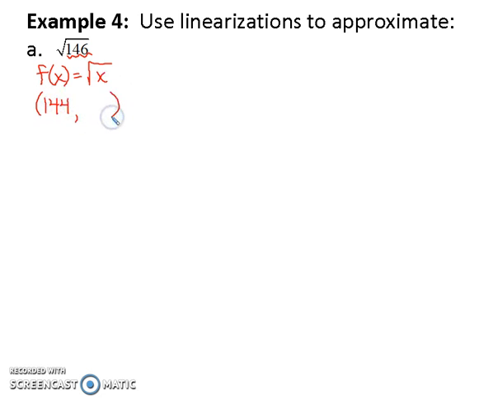So 144 is your x, and then we need a y-coordinate and we need a slope, because we're going to write our tangent line equation. To get our y-coordinate, we would simply evaluate the function for 144. The square root of 144 gives us 12. So the y-coordinate is 12. For my slope, I need to evaluate the derivative.